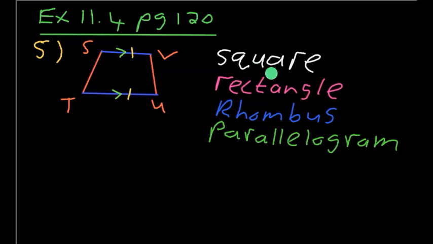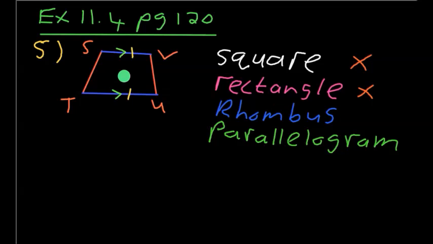Okay, but now if we study these 4 candidates a bit closer, we know it cannot be the square, because we are not given information that these are 90-degree angles. The same thing applies to the rectangle, because in the rectangle all the angles are 90 degrees, but here no information is given on the angle sizes.